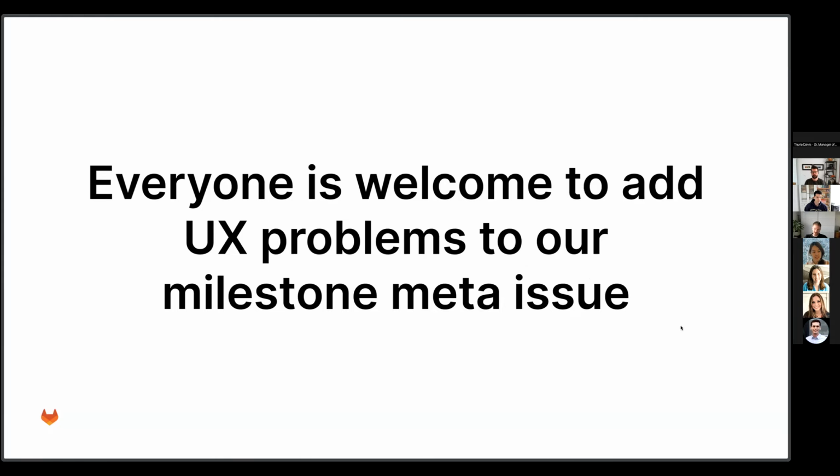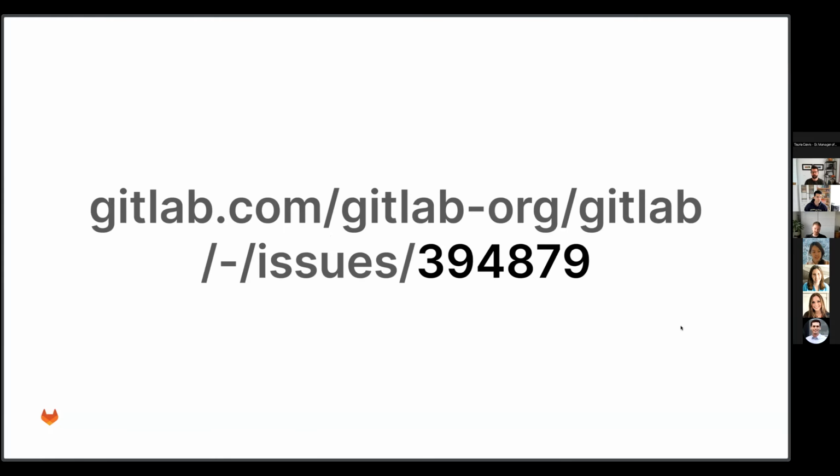This is the one for 15.11, by the way. I will leave that up for a few seconds. You can literally go there and just add a comment with an issue, or with a comment, what bothers you, and we will try to figure out if it fits the scope and the theme of our current milestone. And if so, we'd like to pick it up and try to solve it.